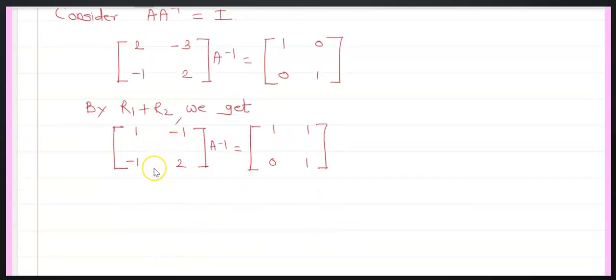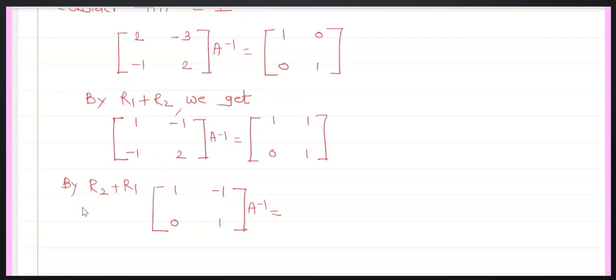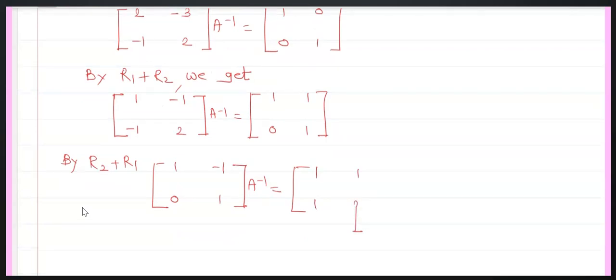Now next is make this minus 1 a 0, that is R2 plus R1. Therefore 1, minus 1, 0, 1, A inverse, that is here 1, 1, here 1, 2.